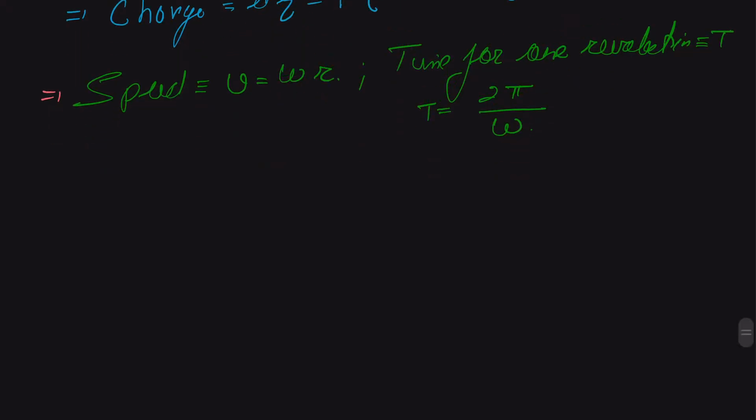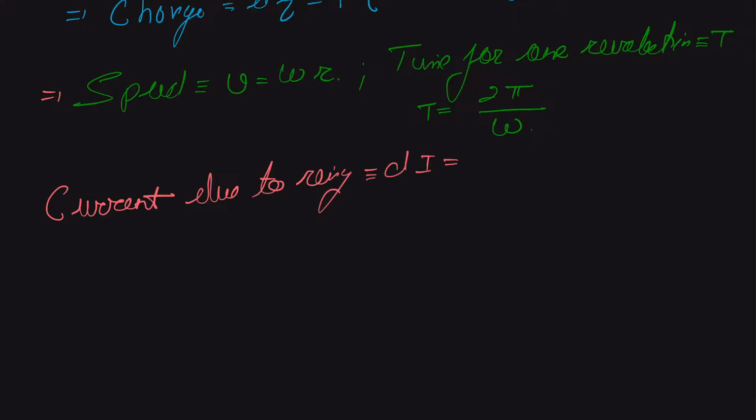Therefore, the current due to the ring, that is our di, will be equal to dq upon time T. So we simply substitute the values.